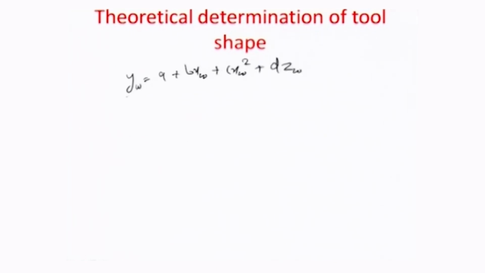So we are including all the 3 coordinates here, the x, y and z. So it is a Cartesian coordinate system, d zw plus e zw square plus g xw zw.